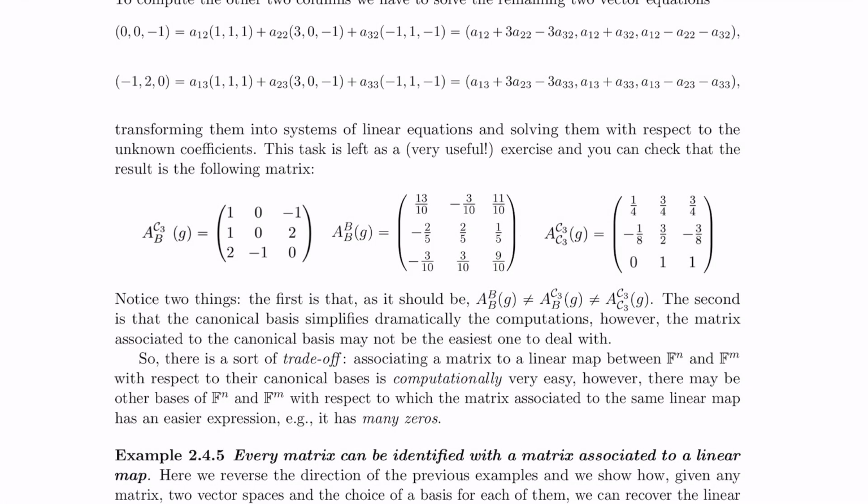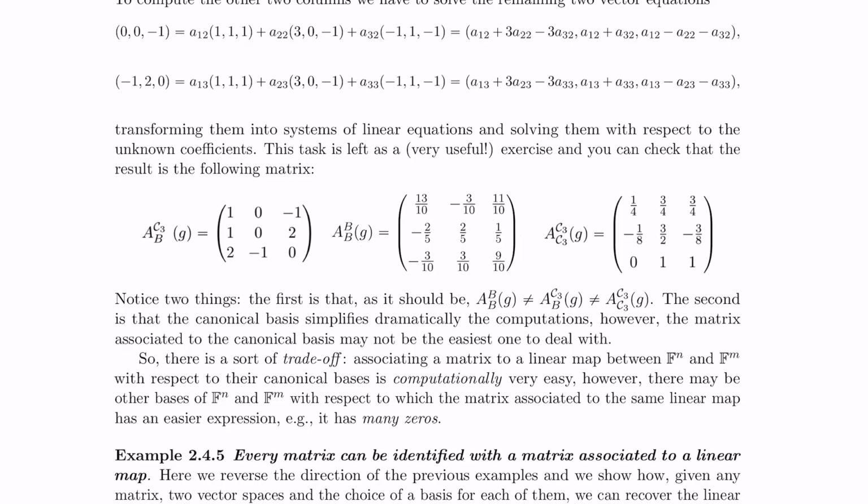Let's recap what we have done in the examples that we have just discussed. By choosing three different combinations of bases for the range and domain vector space of the same linear map G, we have found three different matrices associated to the same linear map.